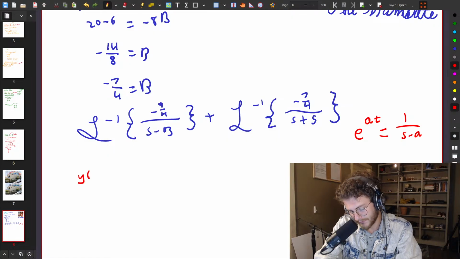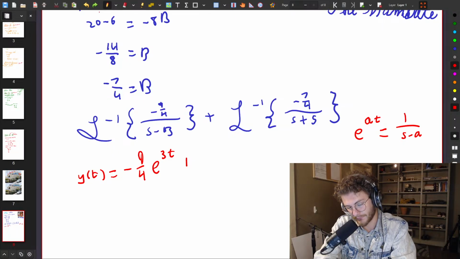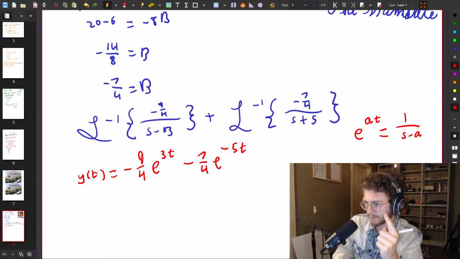Therefore, y of t equals -9/4 times e to the 3t plus -7/4 e to the -5t. That's our answer.